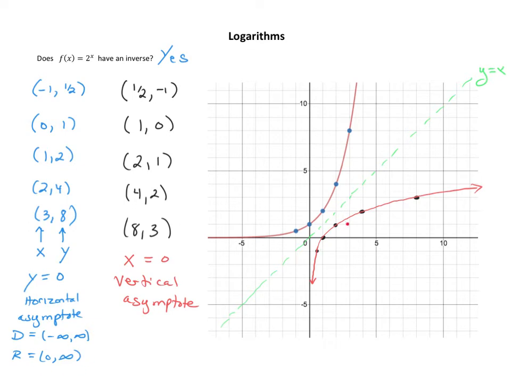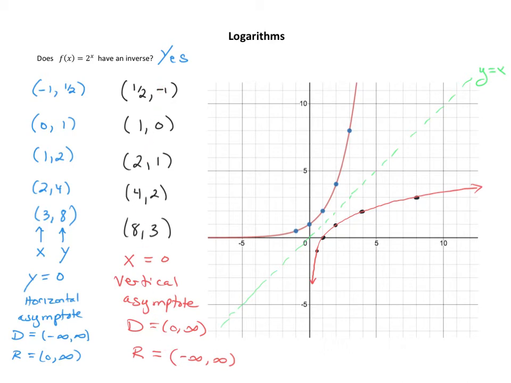So for my inverse, the domain is from 0 to infinity, but the range is all real numbers. The graph is increasing forever. Here it drops down, goes to -infinity. So that's the range. So these are things about the original function, and these are all things about the inverse function.